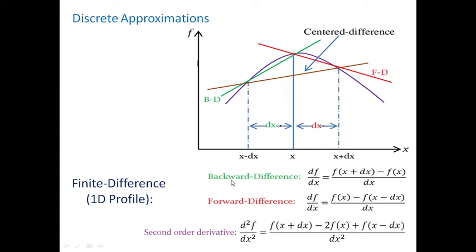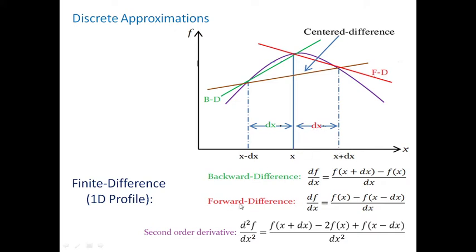So the backward difference is df by dx equal to f of x plus dx minus f of x, divided by the separation between these 2 points, that is dx.